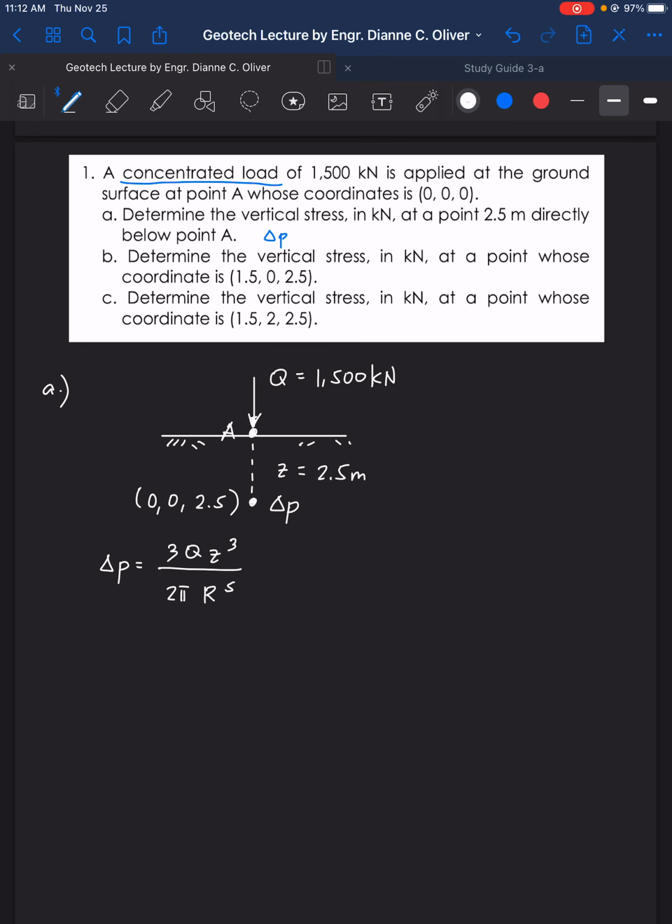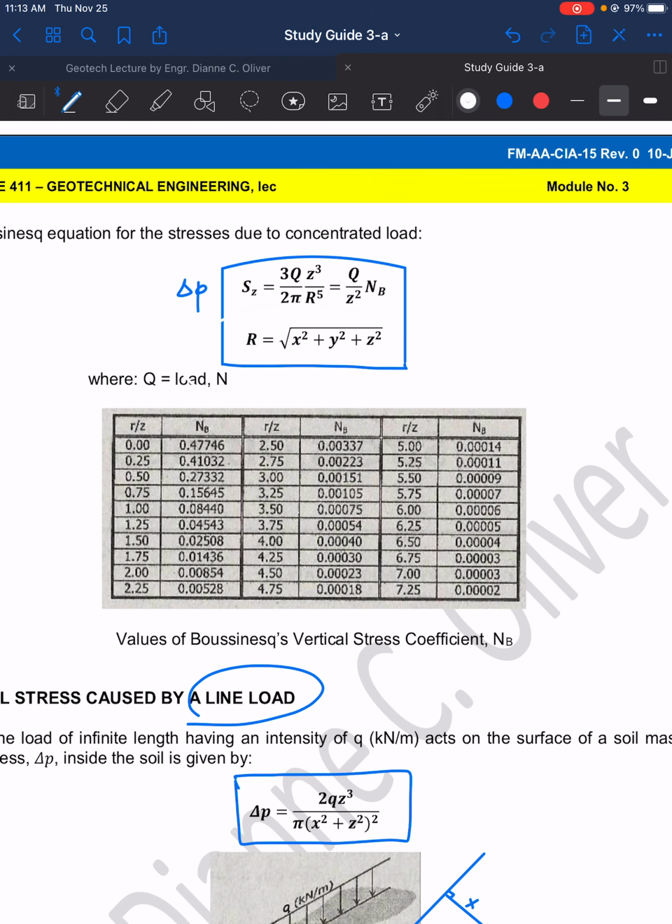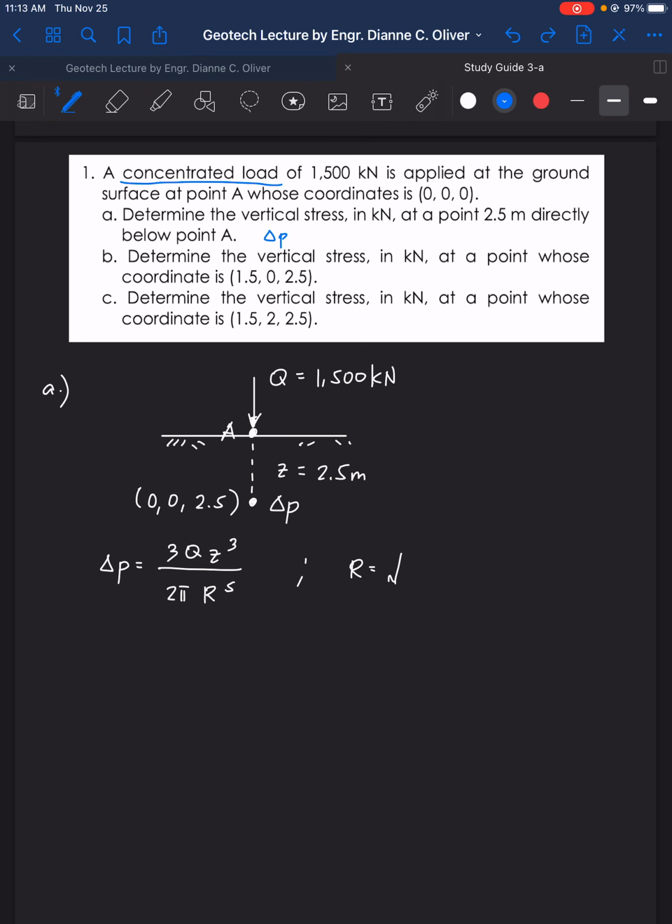Therefore, we have our R, square root of, remember that our R is this one here, x squared, y squared, and z squared. So we have 0 squared plus 0 squared plus 2.5 squared.